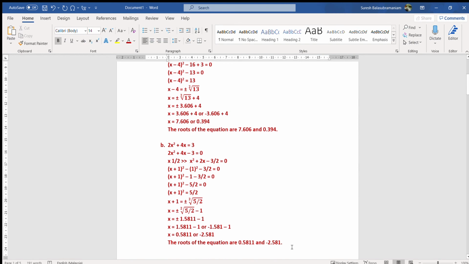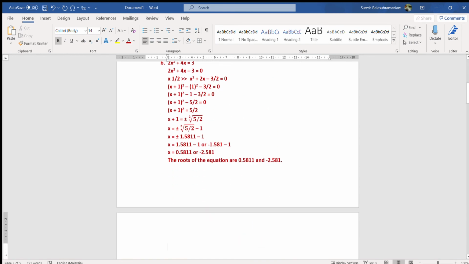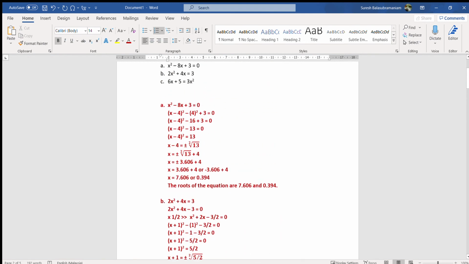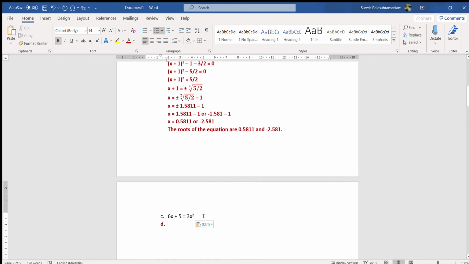Moving on to C, question C. Okay, what is our question C? Maybe I'll try to copy and paste. 6x plus 5 equals 3x square.